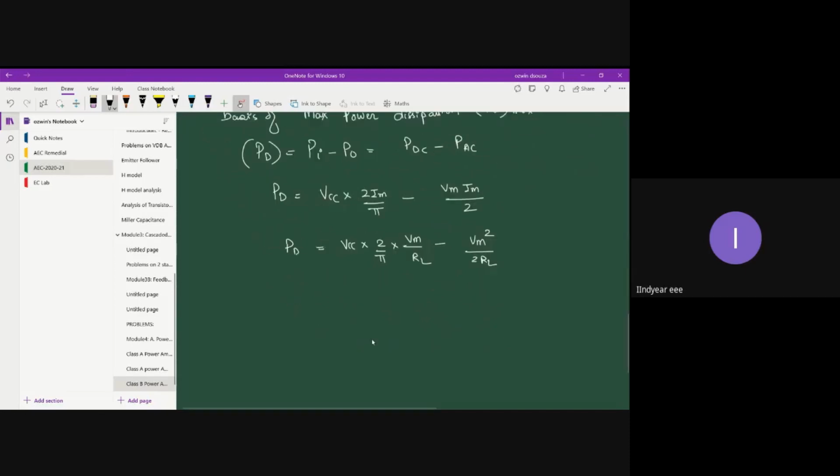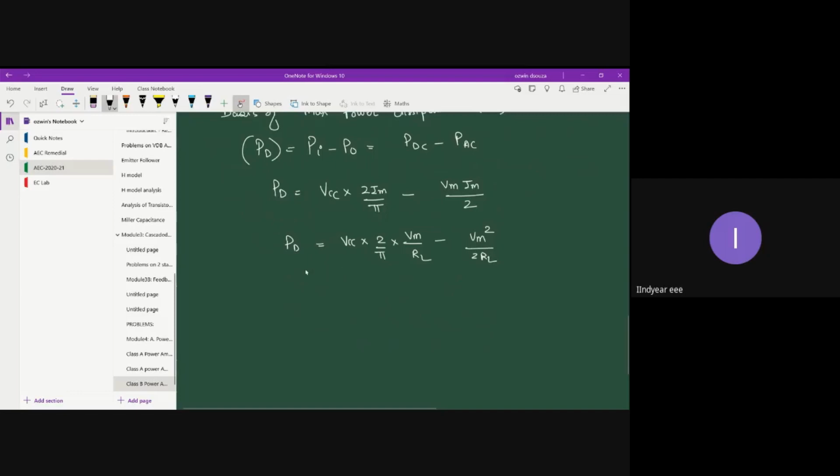Now, what you do is differentiate PD with respect to Vm and equate it to 0. This step you can refer to in the class notes. This condition basically gives the condition for PD max.